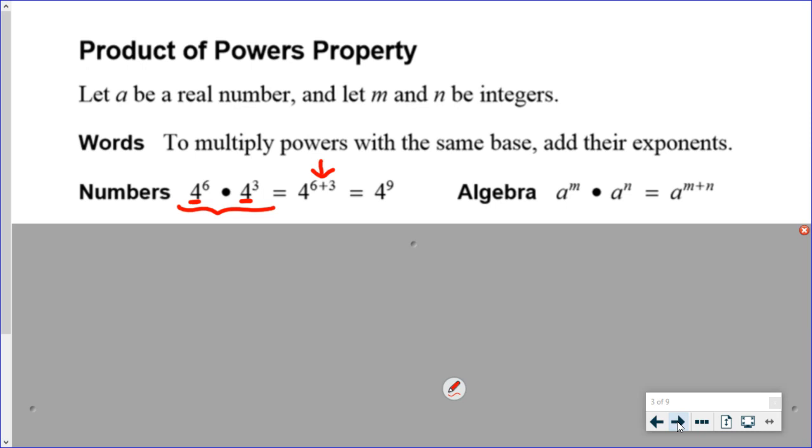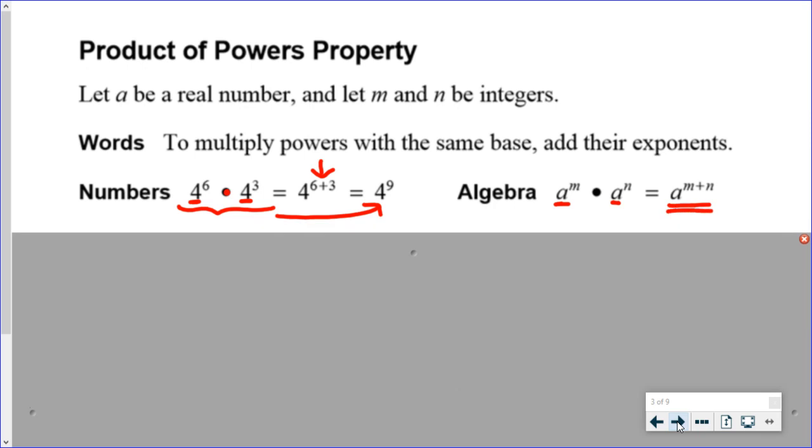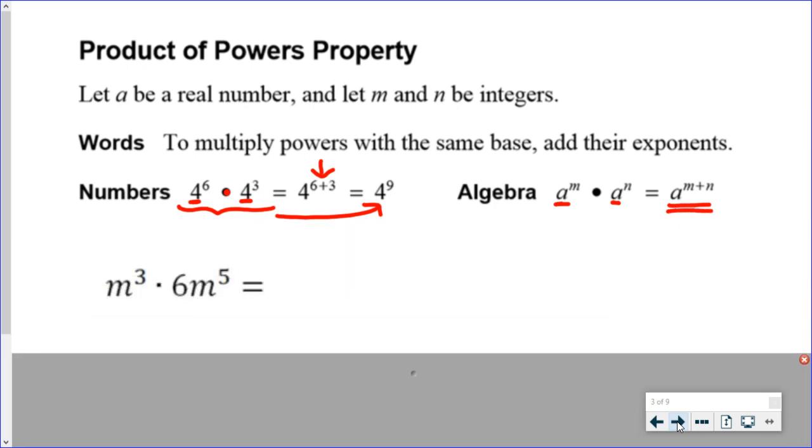So we could go right from 4 to the power of 6 times 4 to the power of 3. When those same bases are being multiplied, we add the exponents. Same thing here. We have the same bases, so then we add the exponents. They have to be the same bases though.